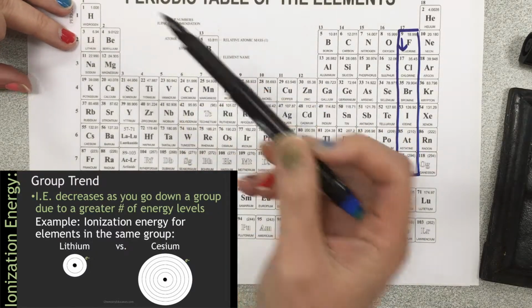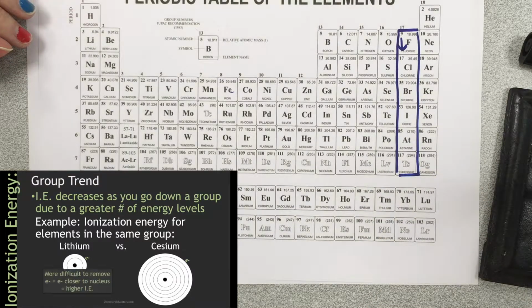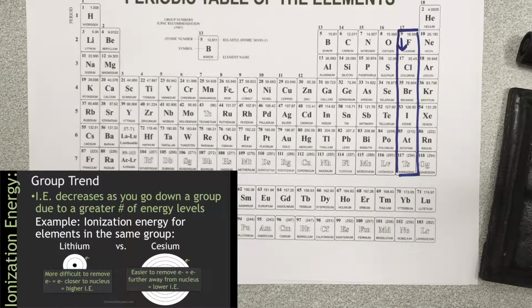So the electrons in lithium are going to be closer to the nucleus. So it's going to be more difficult to pull that electron away from lithium than it is for cesium, because in cesium the electrons are further away from the nucleus. So you're going to get that shielding effect plus the distance, and it's going to require less energy to take an electron off from there.